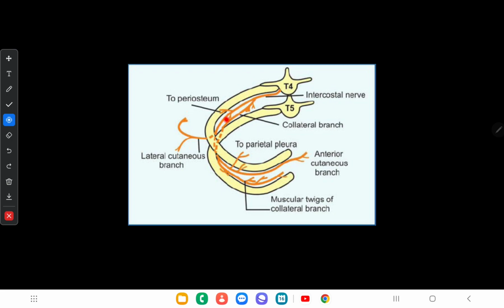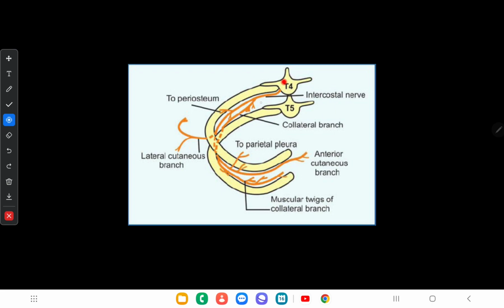As you can see in this picture, this is the T4 vertebra and this is the T4 spinal nerve. So intercostal nerves emerge from the intervertebral foramen inferior to the numerically corresponding vertebra.